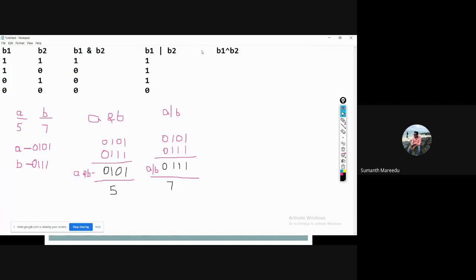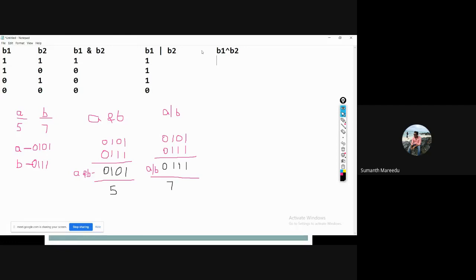In this case, the result of this operator is 1 if both the bits are opposite. If both the bits are opposite, that is 1 0 or 0 1, in that case you will get 1. Otherwise you will get 0.